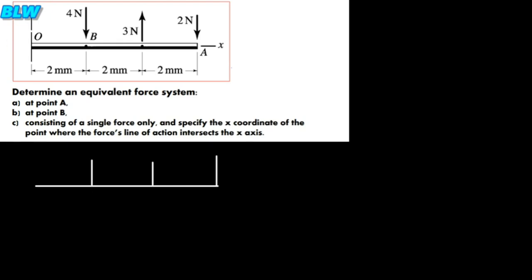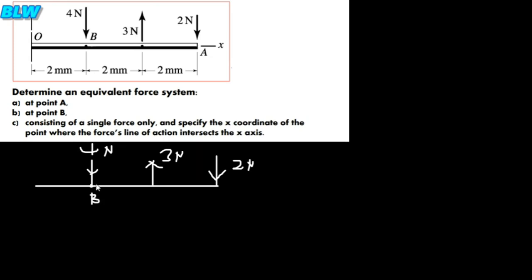And this is where point B is. So you see that one of the forces is acting directly on point B. I have one force here and another force here also. So this is 2 Newton, 3 Newton, and 4 Newton at their respective distances.